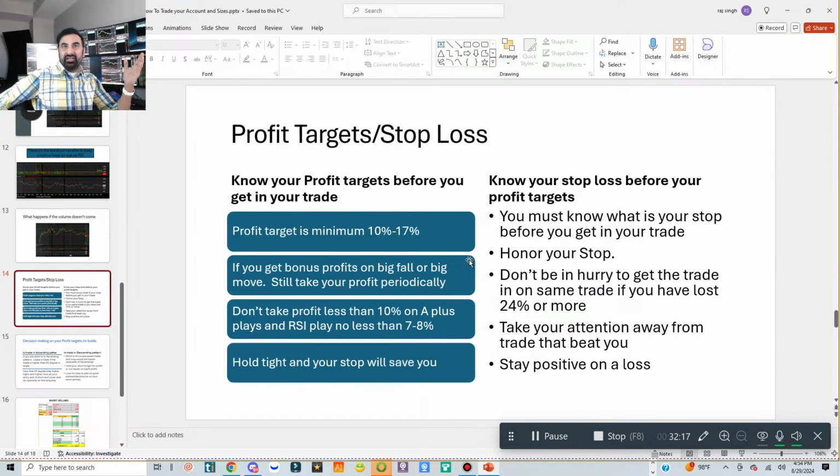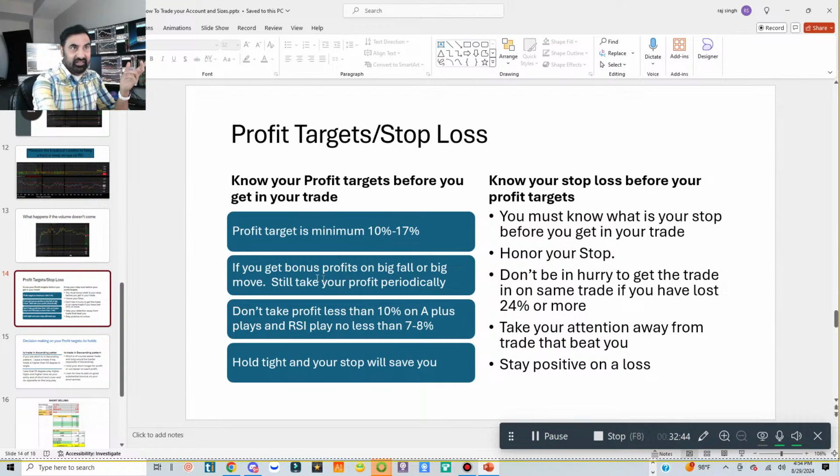The minimum profit target that we like to take in our system, in the Hammer X Trader system, is 10% profit. 7% to 10% is what we do, and we are extremely happy if we manage to get 17% overall. In 3 cuts, if we happen to get like 27, 30, 40%, actually our profit is about 17 to 20%, okay? But we don't take profit less than 10%, right?